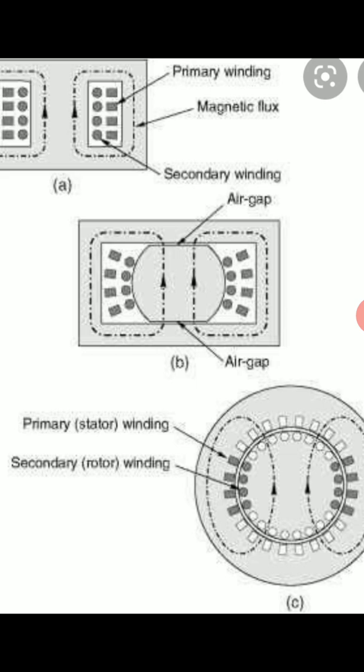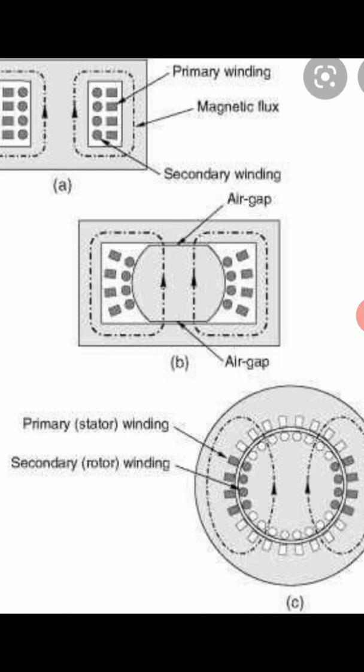The frequency of primary and secondary voltage for the transformer is the same, because the transformer does not change the frequency. But in the induction motor, the frequency of the rotor induced EMF is not the same as the stator voltage; it changes with the slip, and is given by the slip times the stator frequency. The next difference is that for the transformer, the secondary voltage is constant once the turns of the primary and secondary windings are decided.